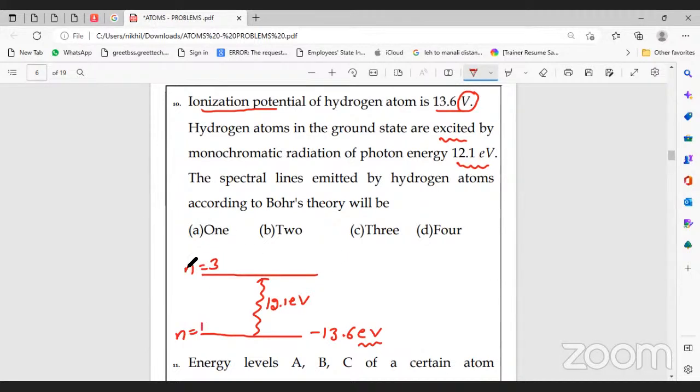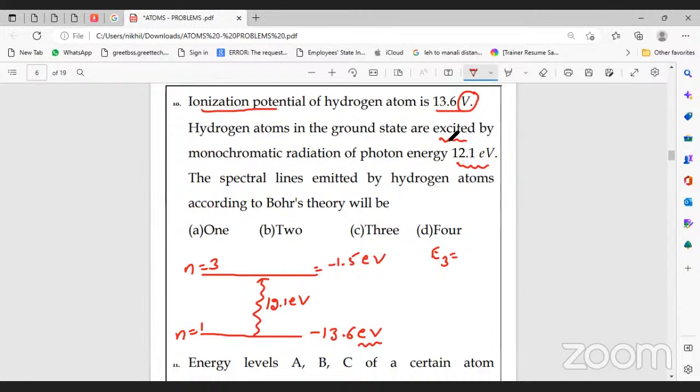Sir, why should it jump to the third orbit? Yes, there is a reason. You know what the energy in the third orbit is? You have to divide this value by 9. If you divide that by 9, you will get approximately 1.5 electron volt. So what is the energy in the third orbit?